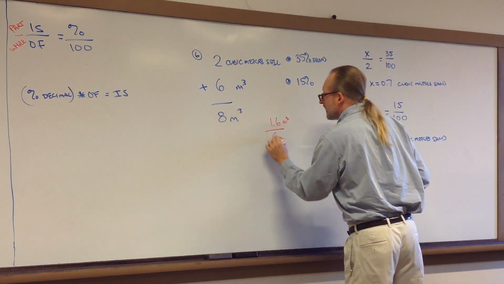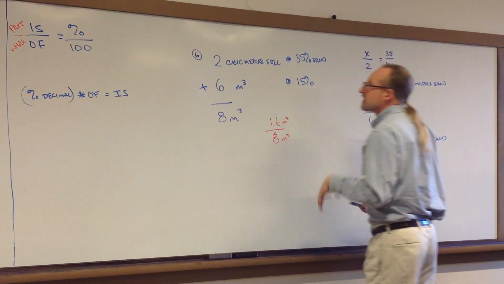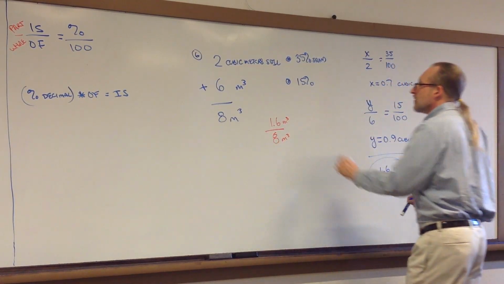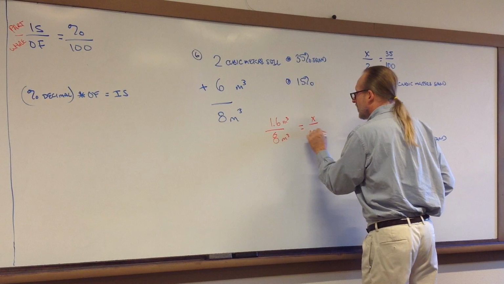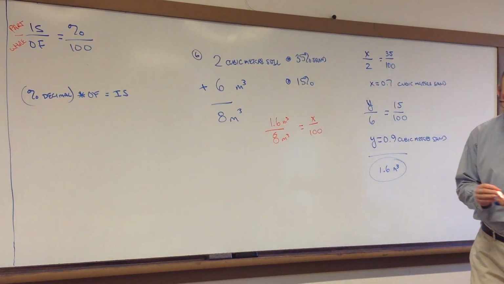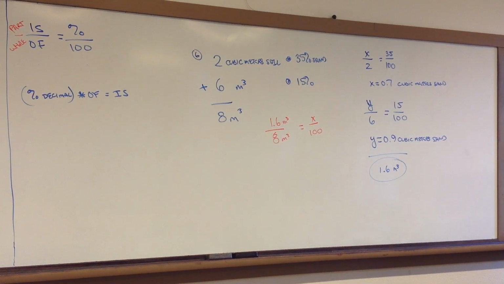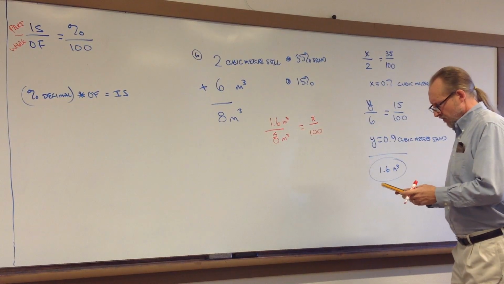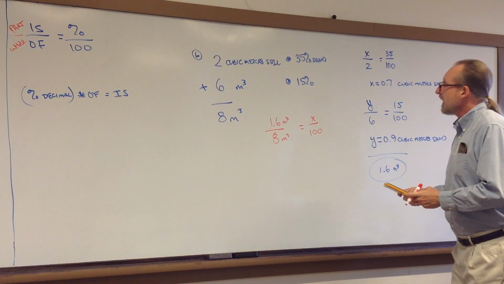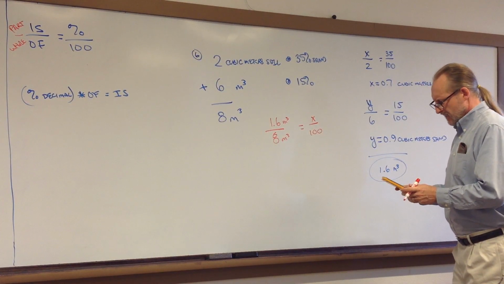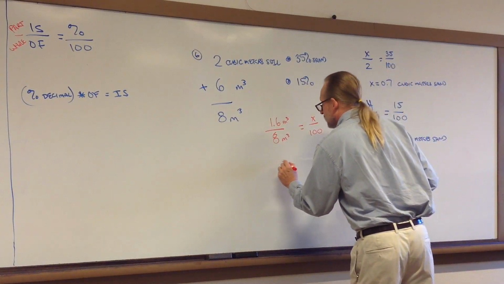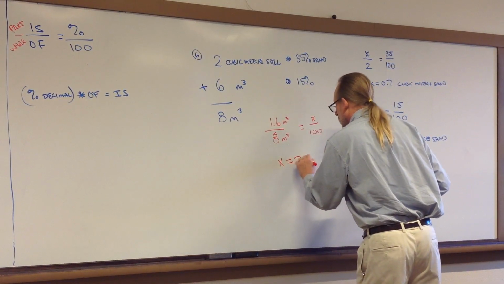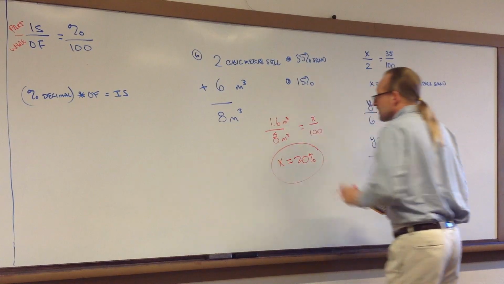The whole is the 8 cubic meters, because that's all we've got. And we're looking to calculate a percentage. So what we want to do here is 1.6 times 100, and then divide that by 8, and that tells us 20%. X equals 20%.